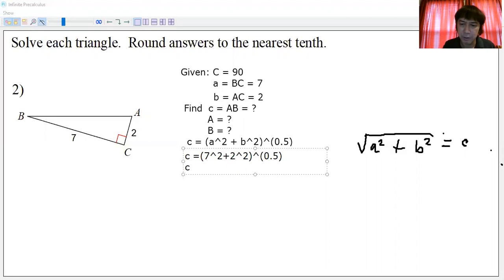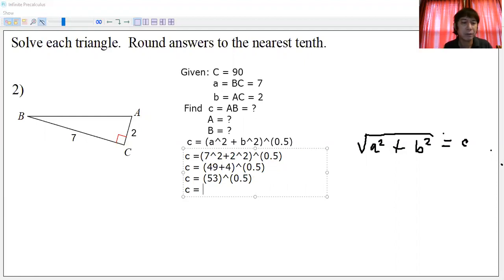So this shall give us 49, that means 7 times 7, that's 49. And we have 2 raised to 2, that's 2 times 2, which is just 4. And this will have to be extracted: extract the square root of 49 plus 4, and that will be the square root of 53. So we can extract the square root of 53.